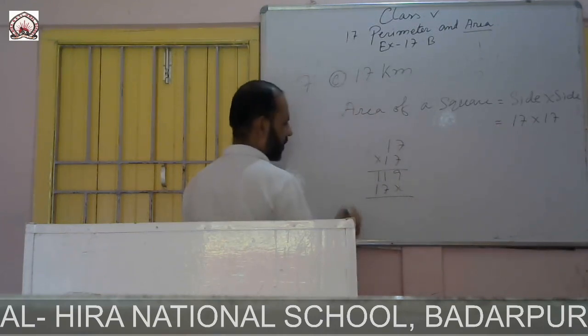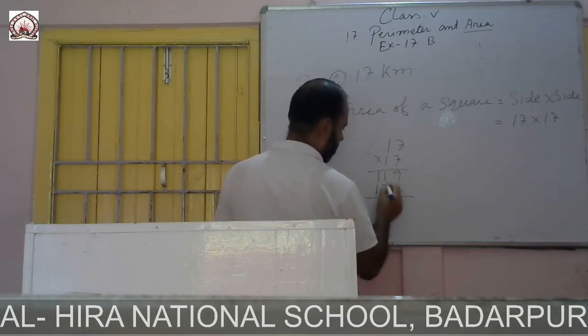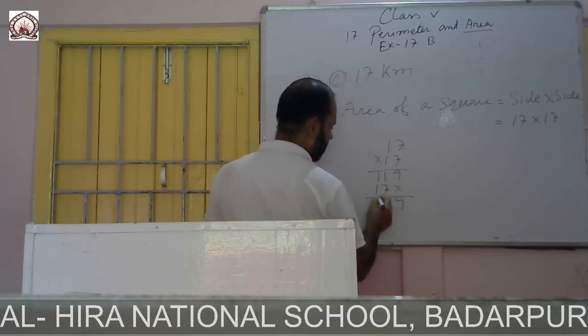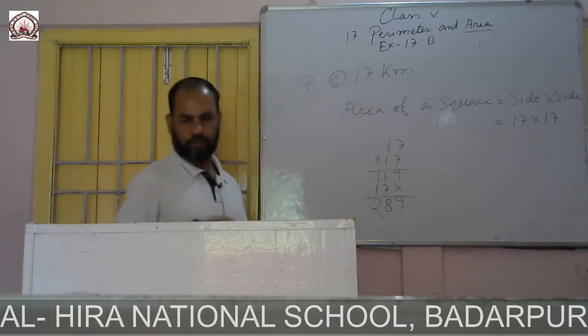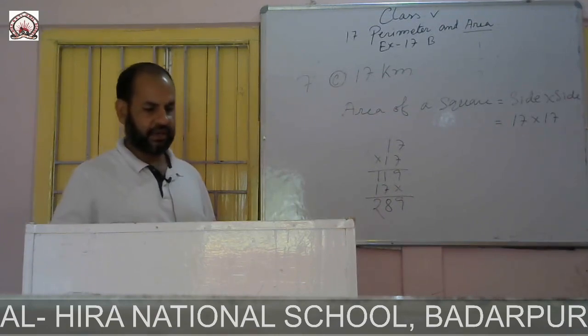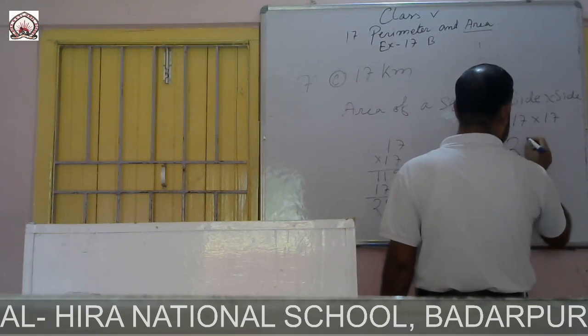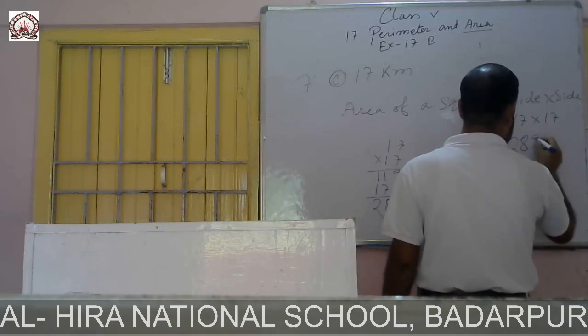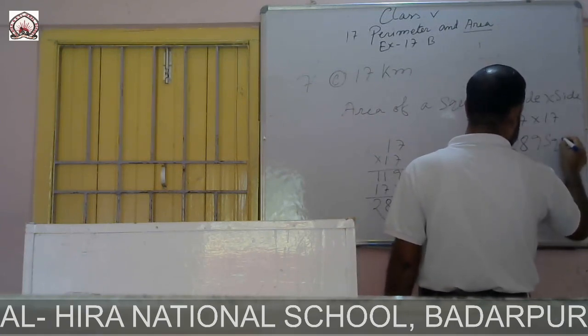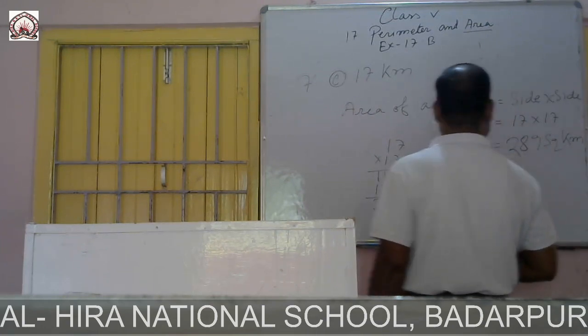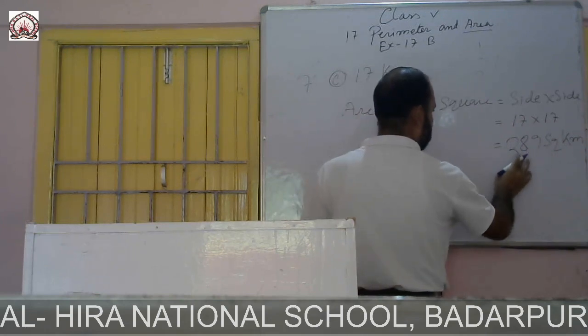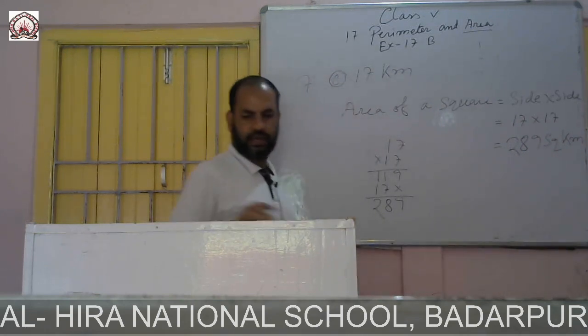So here 9, 7 plus 1 is 8, 1 plus 1 is 2. 289 square kilometer.